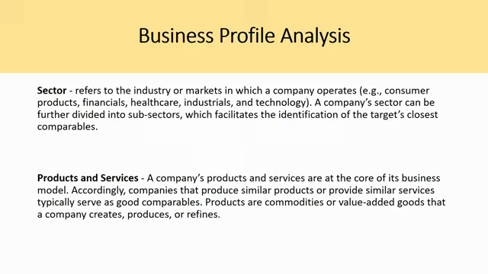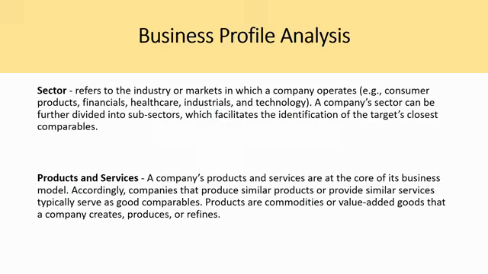Products are commodities or value-added goods that a company creates, produces, or refines. This is quite important. You have to identify whether the product is a commodity or a value-added good. If you're comparing two companies where one produces a commodity, where they're price takers versus price setters, then that analysis is unfair, because at the end of the day, the core of its business model is dependent on two different things.